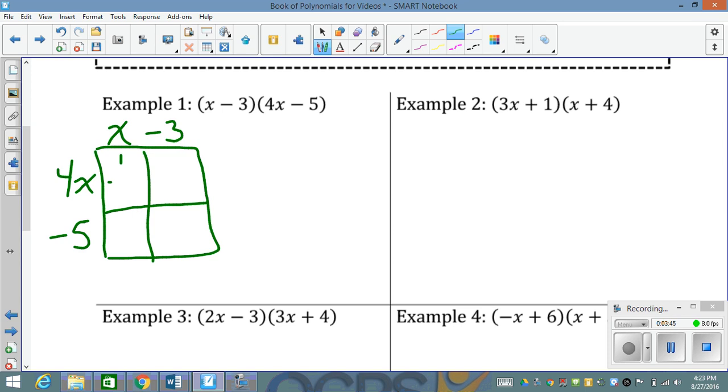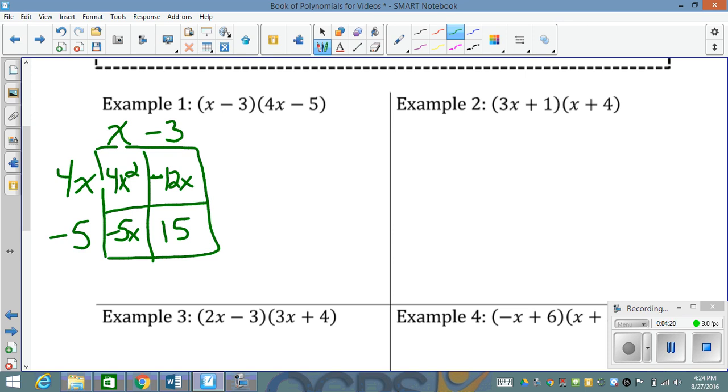So to get this first box, I'm going to do x times 4x, which is going to give me 4x squared. To get this second box, 4x times negative 3 is negative 12x. Be careful with your signs there. 4 times negative 3 is negative 12. Next, negative 5 times x is negative 5x. And then negative 5 times negative 3 is a positive 15.